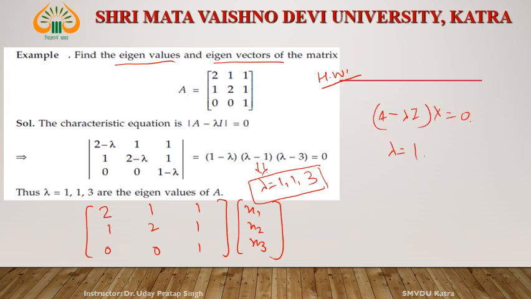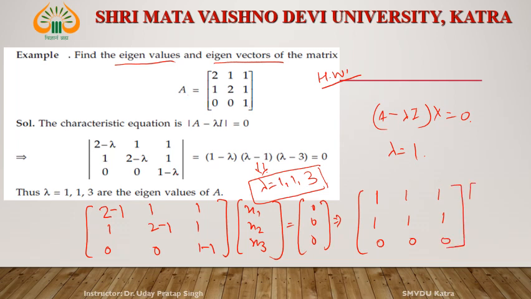Lambda is equal to 1, so subtract lambda from the diagonal elements. This gives 1, 1, 1; 1, 1, 1; 0, 0, 0 times x1, x2, x3 equal to 0. This 0 is a vector.